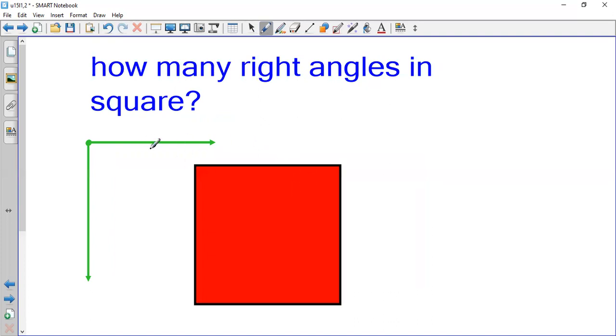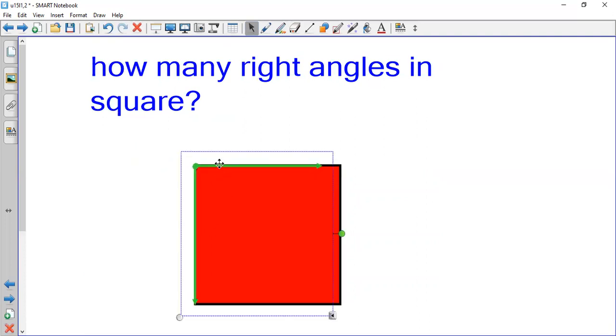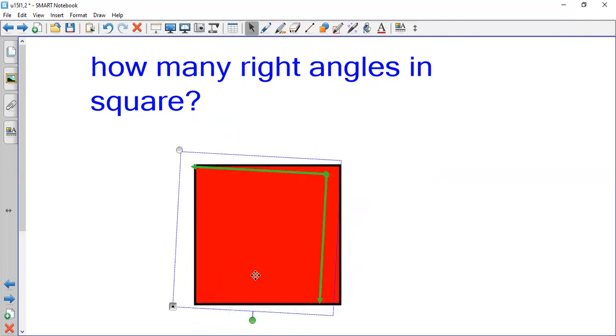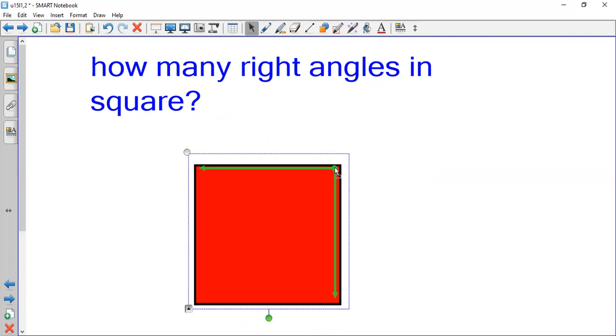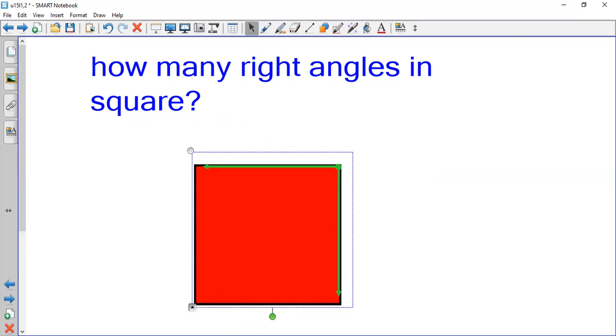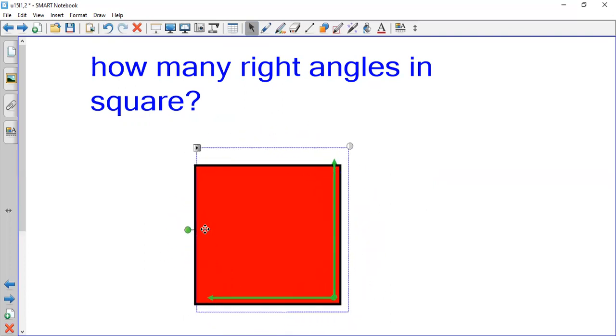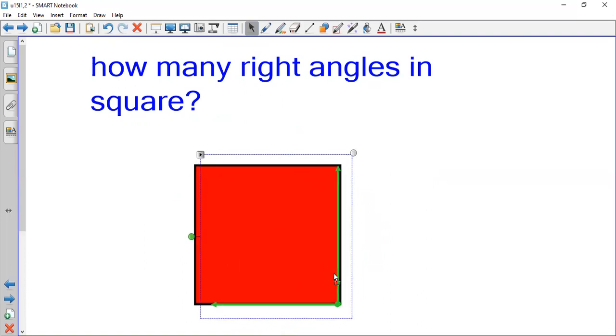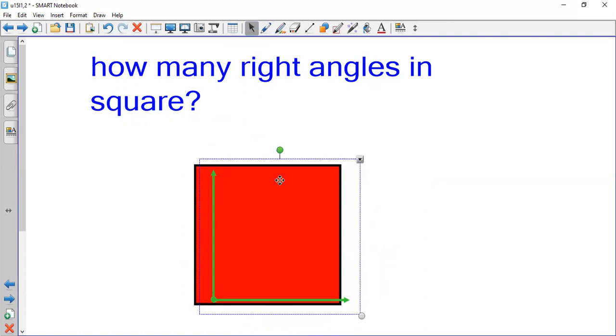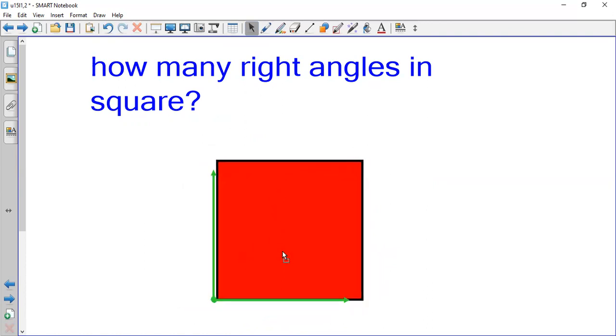What about the square? Let's check. Here, this corner is exactly the right angle. Let's rotate our right angle, and this corner also, and this corner also is a right angle, and this corner also is a right angle.